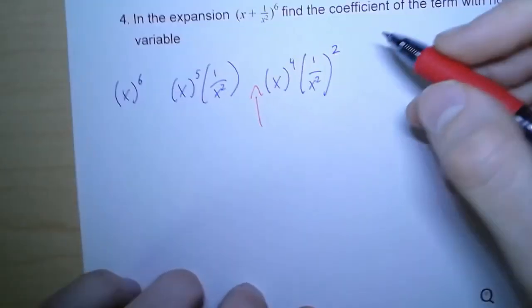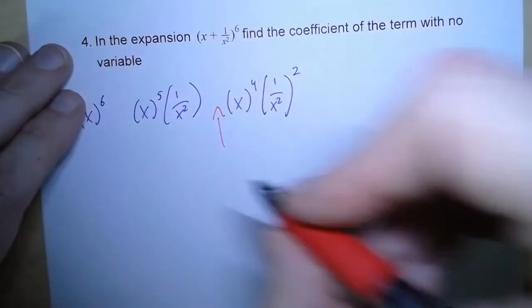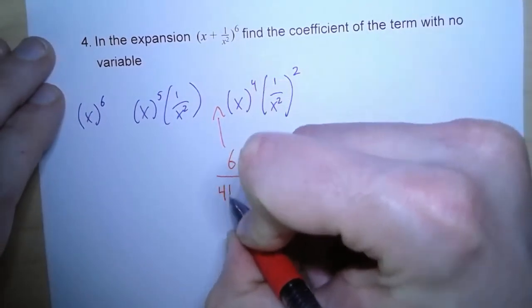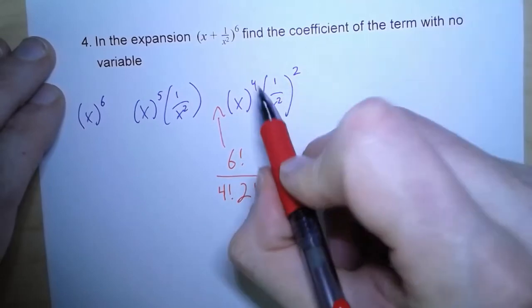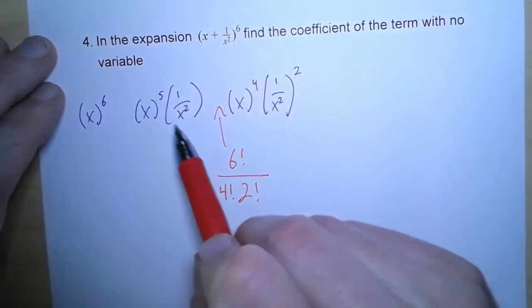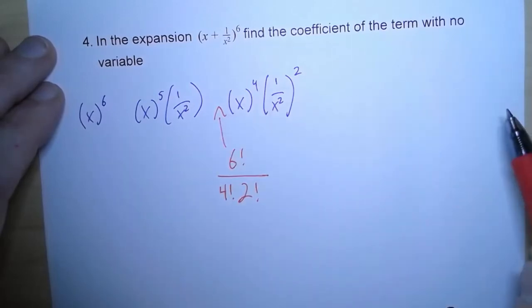So to get the coefficient out in front, we're going to take 6 factorial all over 4 factorial times 2 factorial. Again, matching these two. As well, you can say there are 2 terms in front and 4 terms behind it.